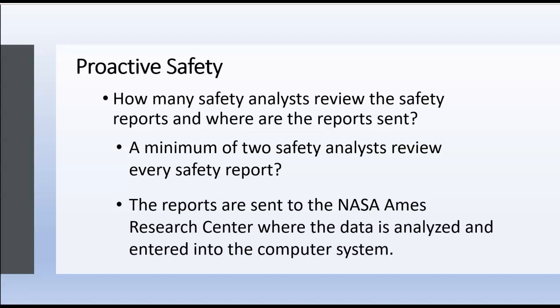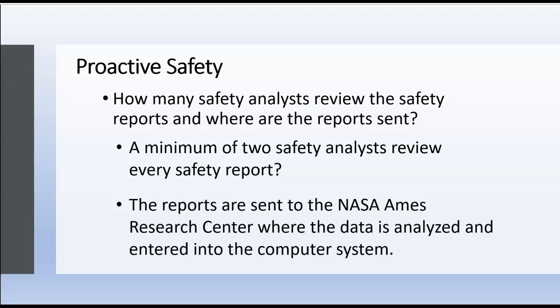If the safety analysts notice that there's a pattern to the safety reports, for example, perhaps they notice that there have been several reports about the same problem, then the safety analysts can make a recommendation to the governing agency, for example the FAA, to maybe change procedures or perhaps look at airspace to determine if a change can be made to improve safety in that area.